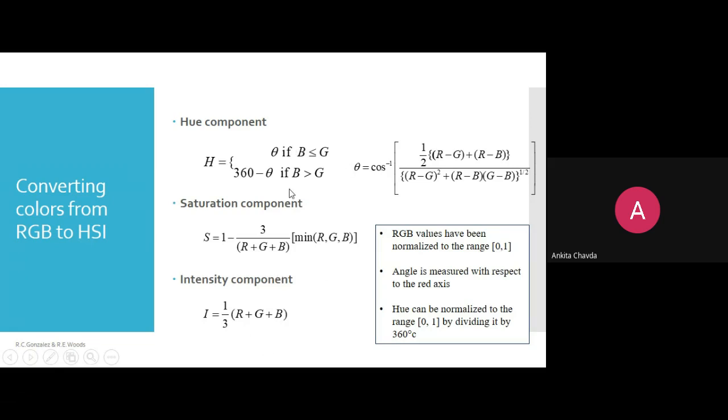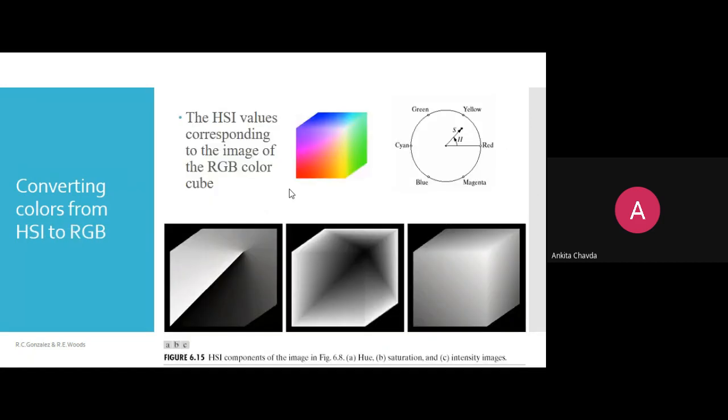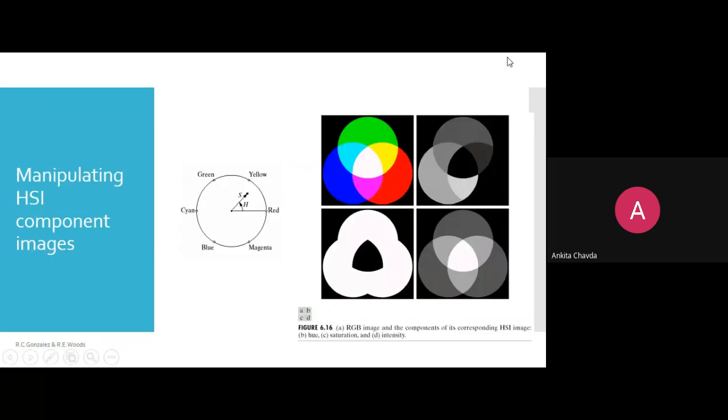So what I am saying, U is what? That is theta. This theta is in comparison with the reference of the red line. So now you can imagine, here I am having the red color. If I am finding U for this image, this is for U, this is for saturation, this is for intensity.